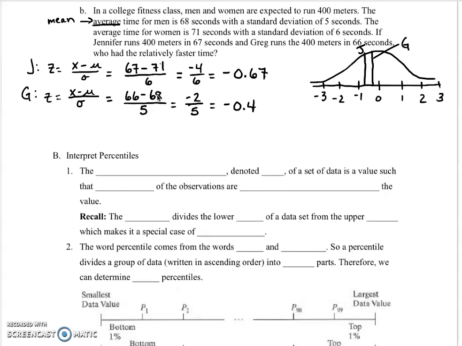So who was relatively faster? Well, faster means further below 0.